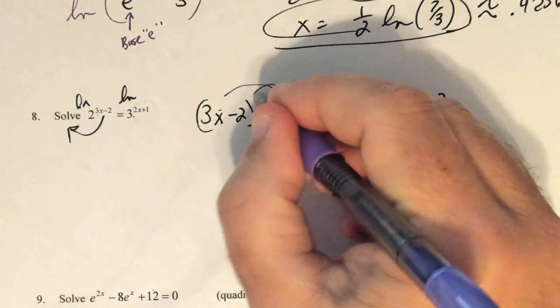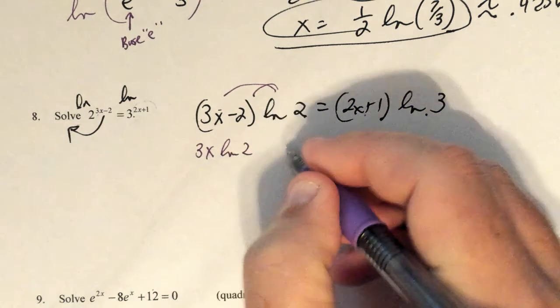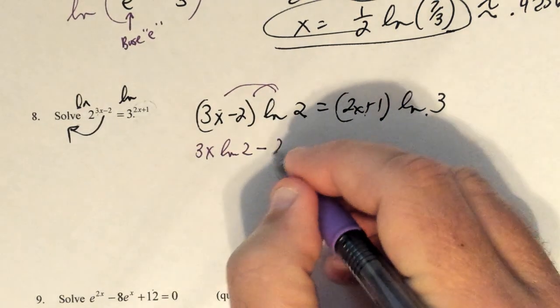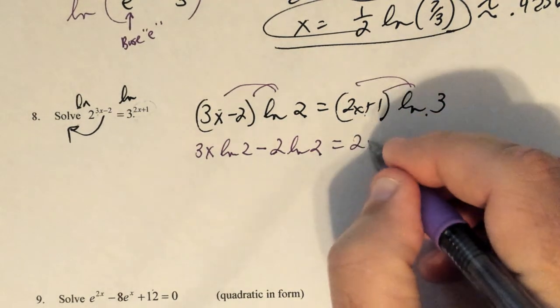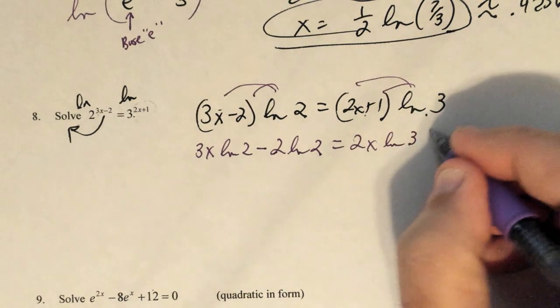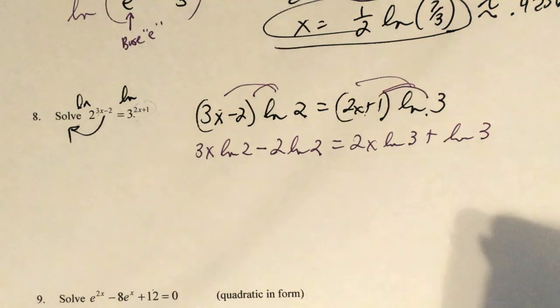We're going to distribute the natural log of 2 to both of these. So we have 3x natural log of 2 minus 2 natural log of 2. And the same thing here, 2x natural log of 3 plus natural log of 3, which is 1 times that. So we have this.